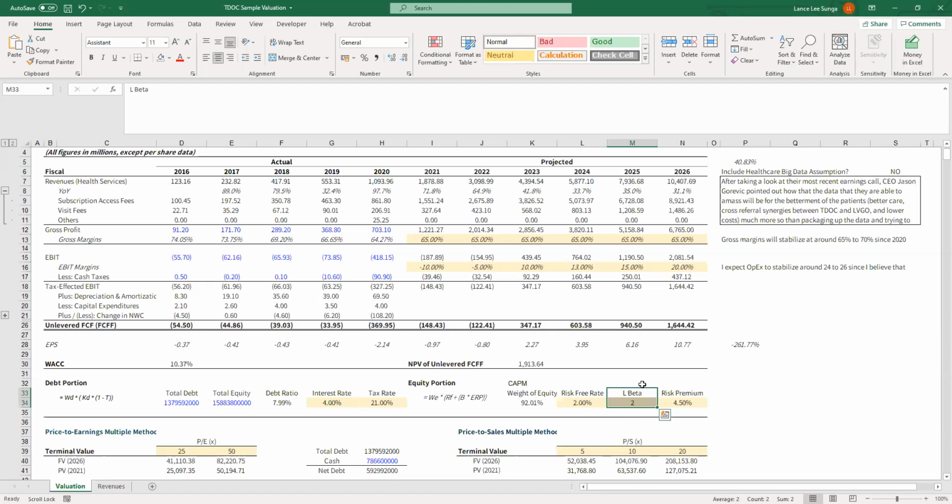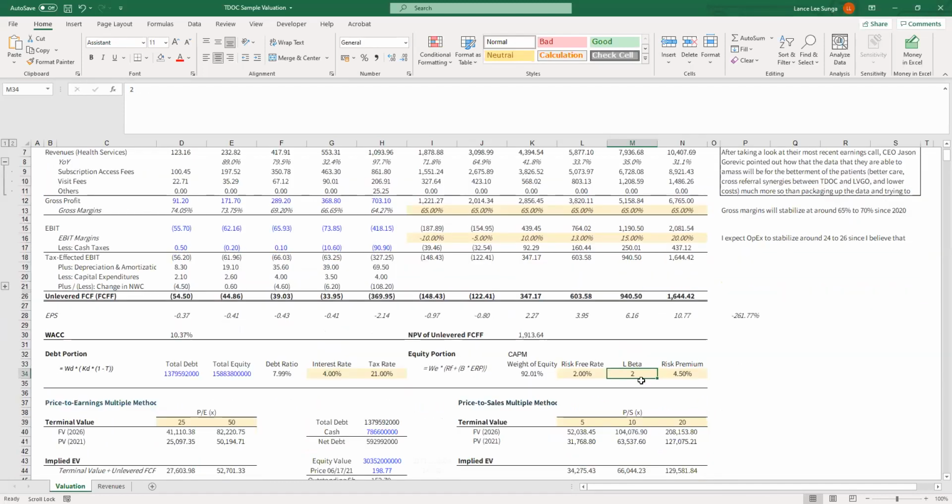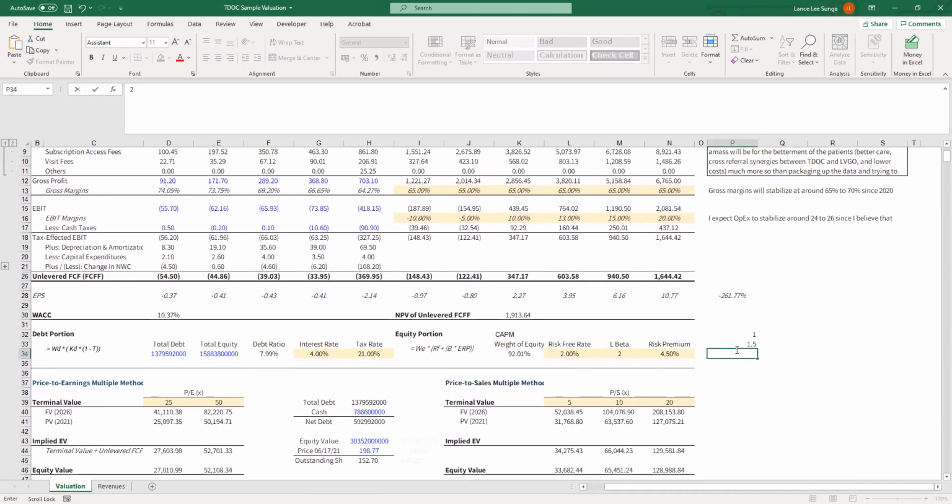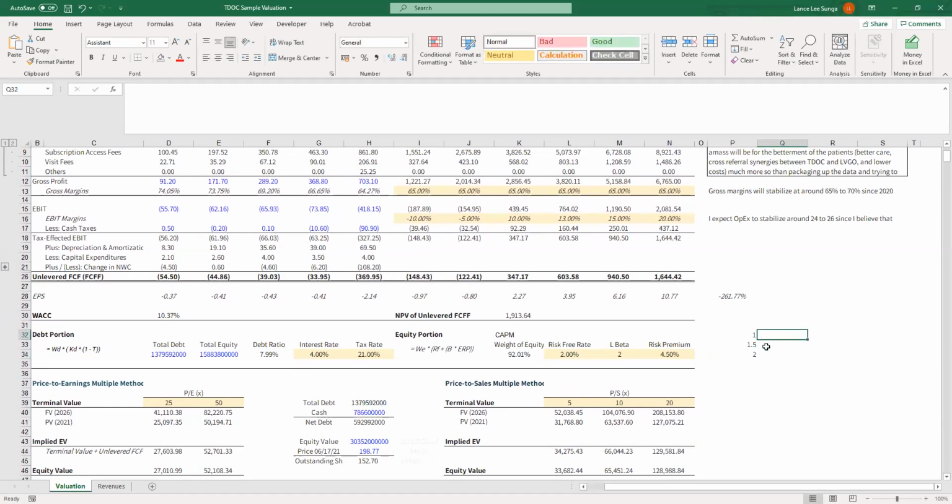But if you can't find an amount for your specific company, right? Usually we do 1.5 or 2. And that would depend if it's a mature company, mature growth or high growth.